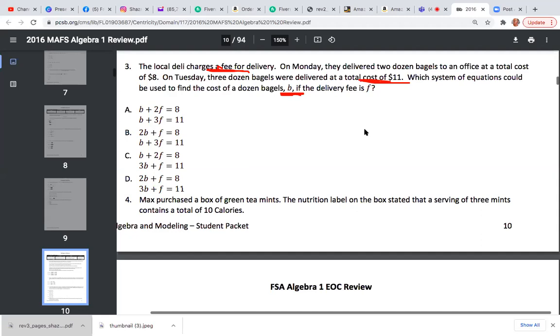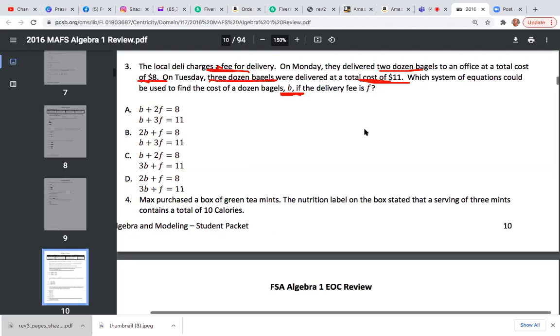So one day it was $8 and the next day it was $11, but the delivery fee remains the same. On Monday, they delivered 2 dozen and that was a total of $8. On Tuesday, they delivered 3 dozen. That was a total of $11. Remember, the delivery fee doesn't change.